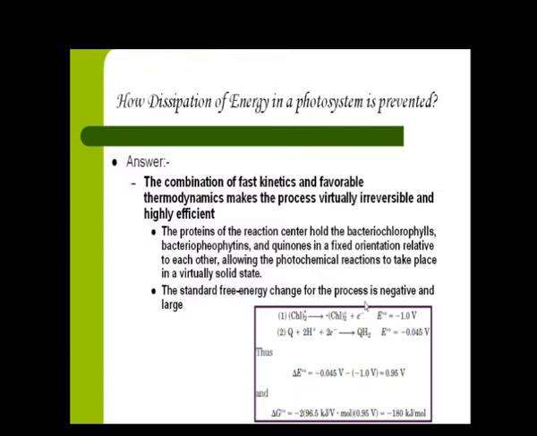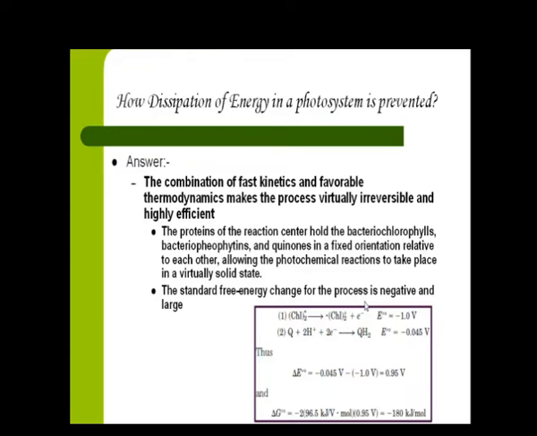Because in the internal lining of thylakoids, you have the light harvesting system and the reaction center. All these are placed at strategic places so that the electron transfer is quick, the energy transfer is quick.